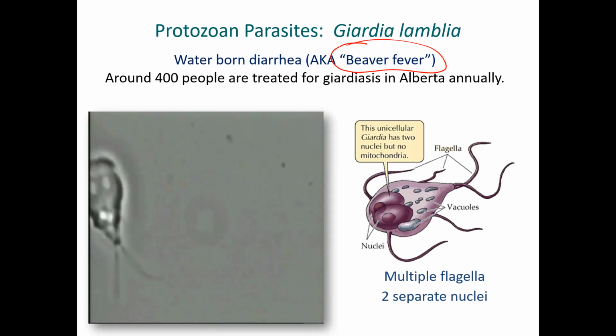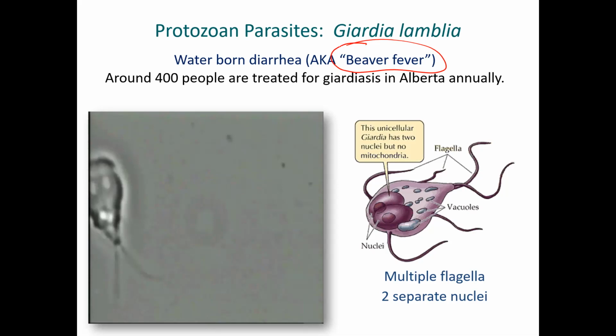I don't know whether beavers are the most common carrier of it or not, but it could be several types of animals: bears, dogs, beavers. Pretty much any mammal can be the culprit, but you have feces, and that gets in the water, and that leads to, you guessed it, vomiting or diarrhea. In this case, it's usually diarrhea.